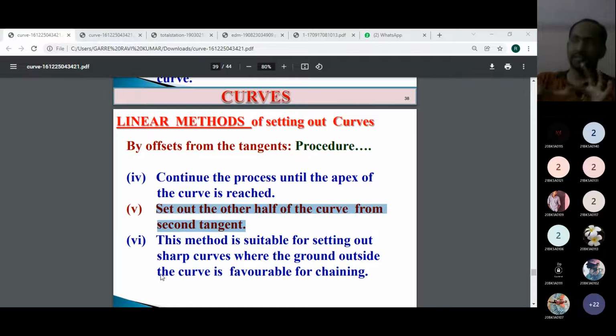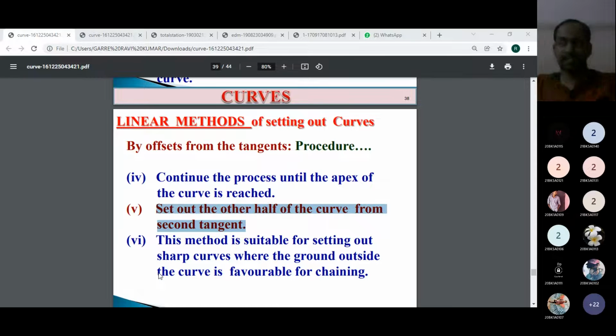One is the simple circular curve, which is whenever we have only one circular curve. Whenever two circular curves have been joined together, it is called a compound curve. And whenever two circular curves have been joined together and their bends are in different directions, it is called a reverse curve.